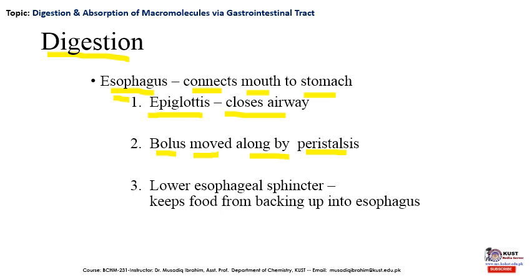And then between the lower esophagus region and the start of the stomach, you have the lower esophageal sphincter. As we discussed earlier, these are special types of muscles which keep the food from backing up into the esophagus. Sometimes people have acidity, and in extreme cases, vomiting may also occur.